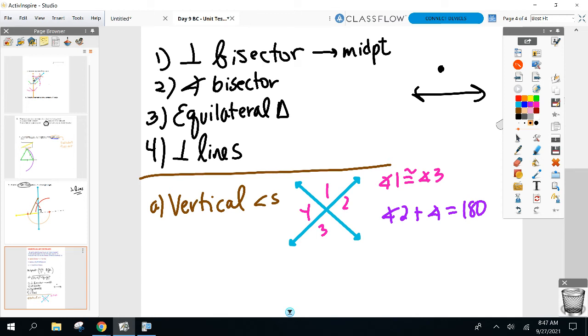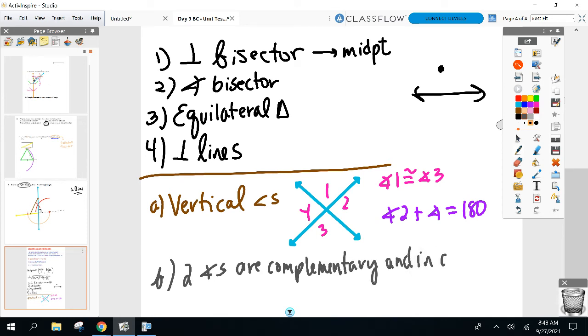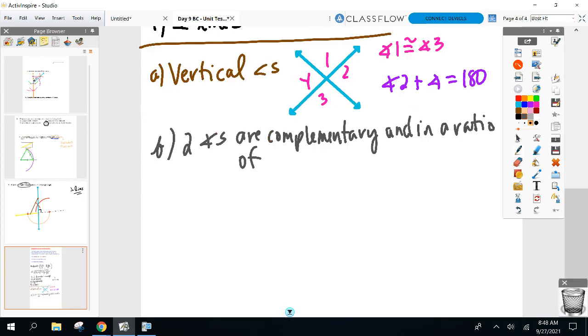What if I tell you, ready? And I'm just making this up. I don't know if it'll work out or not. 2 angles are complementary and in a ratio of 2 to 7.